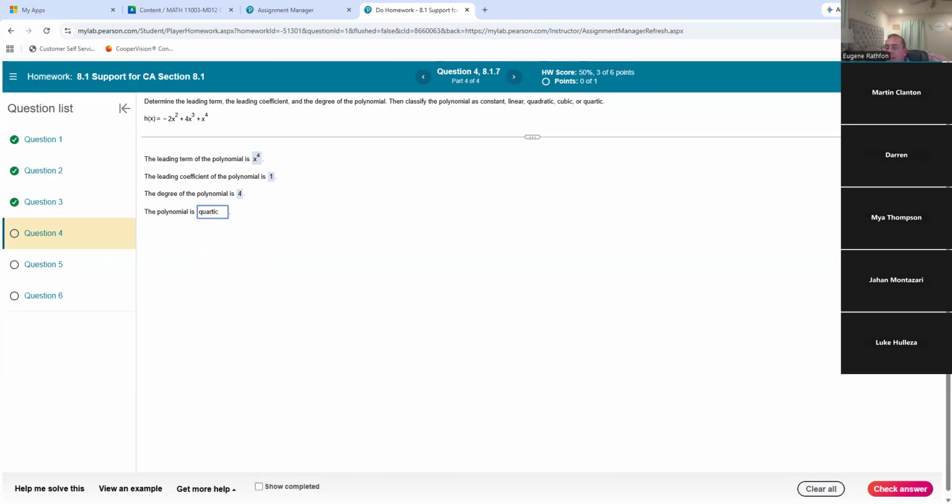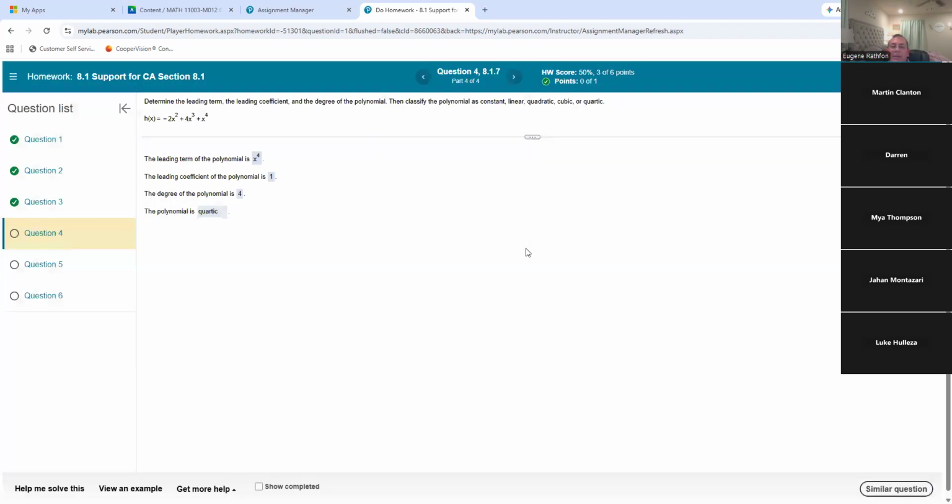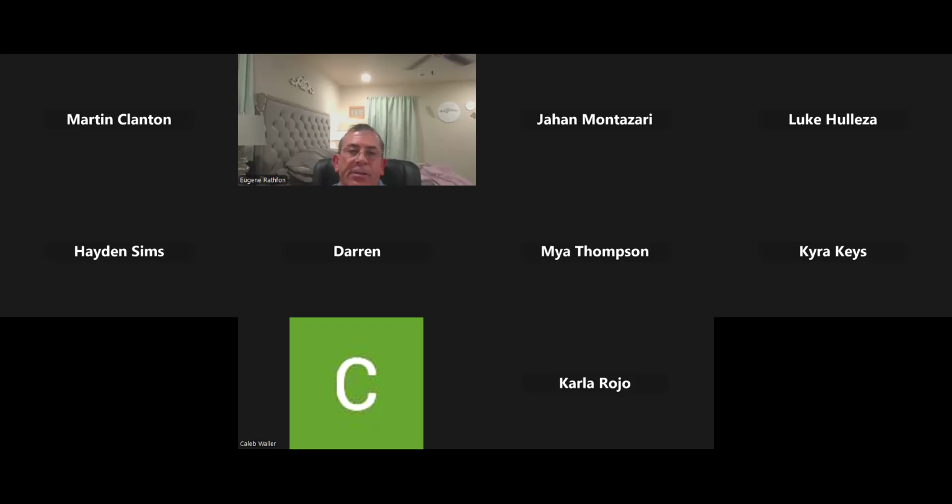See, y'all, basically, that's what y'all are going to be doing with this support, okay? So there's 6 of them. You just got to list leading coefficient, leading term, the degree, and then tell whether it's constant, linear, quartic, or whatever, okay?